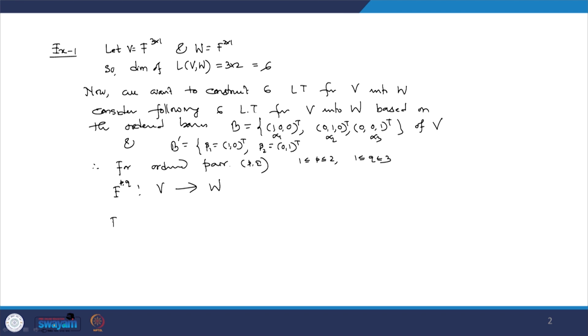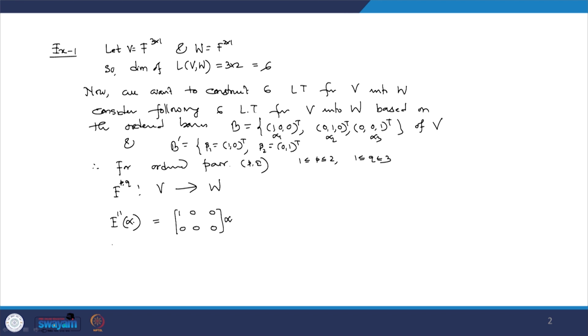So, E11 for any alpha belonging to V is equal to, let me define, it is like this: the matrix with rows 1 0 0 and 0 0 0, into alpha. Alpha is basically my column vector, please.